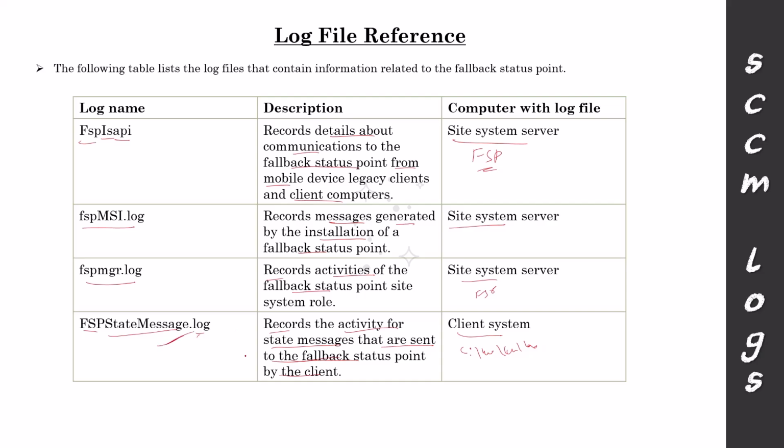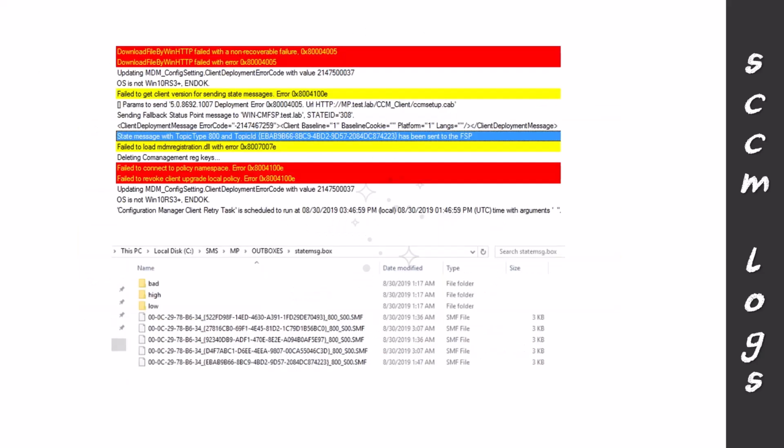So next, here we have another example. Here we intentionally failed one client deployment. I already mentioned that whether it fails or succeeds, it will send the state message to the FSP, right? So here it is sending the state messages with the topic ID to the FSP server.